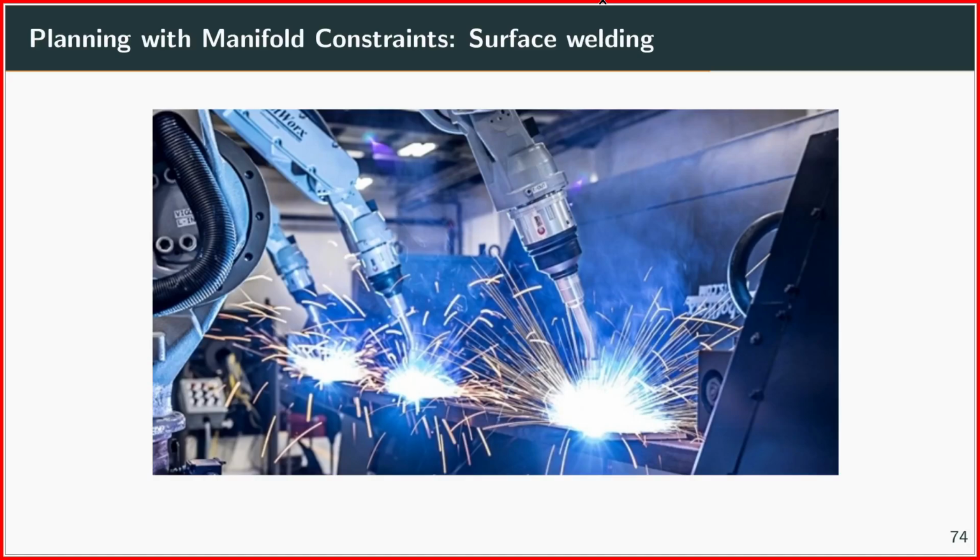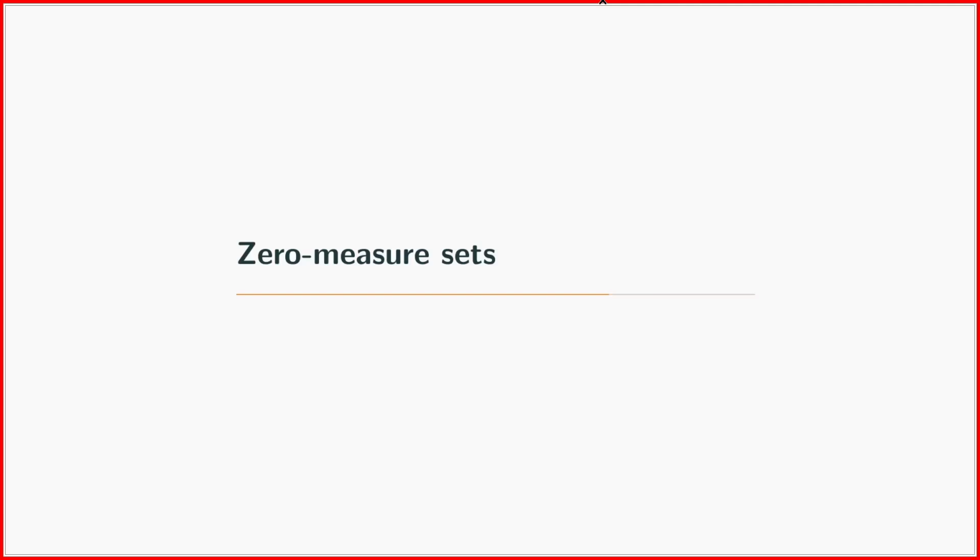And so this basically removes effective degrees of freedom from your state space, and this is usually pretty problematic to plan with. And this is problematic because it induces zero measure sets on your state space. And that is why I want to first talk a little bit about zero measure sets and what they are.